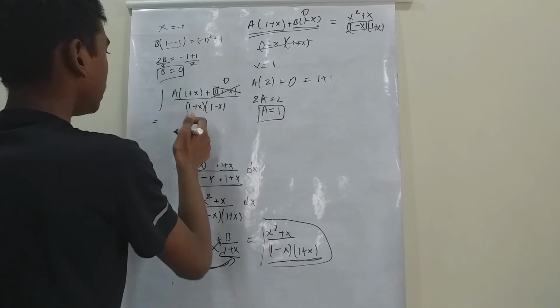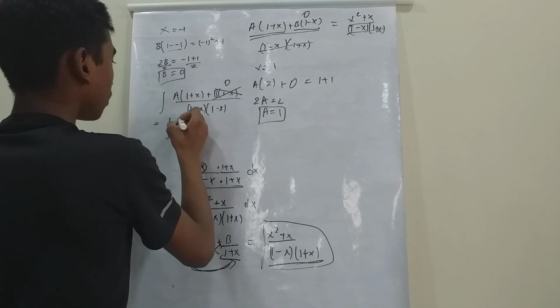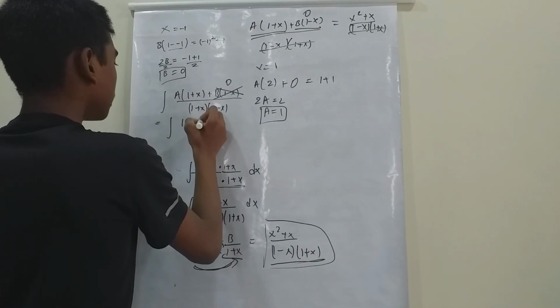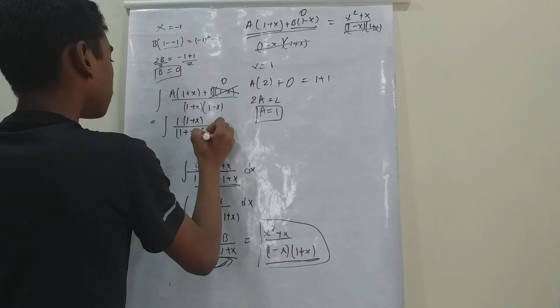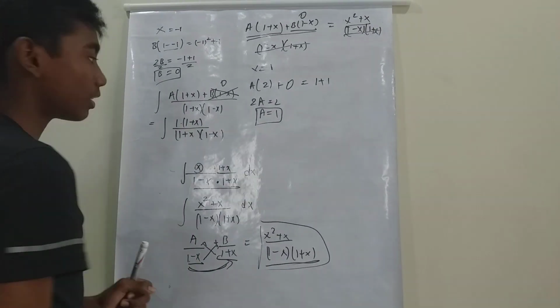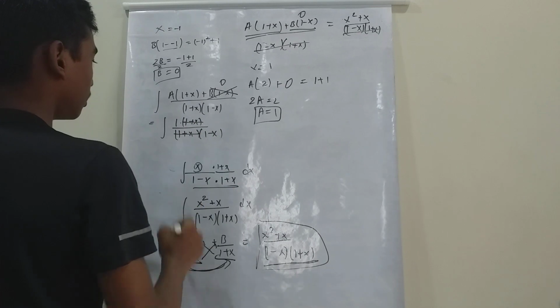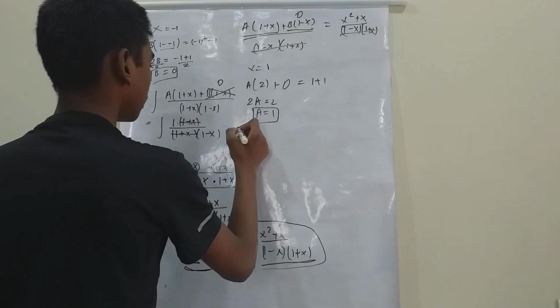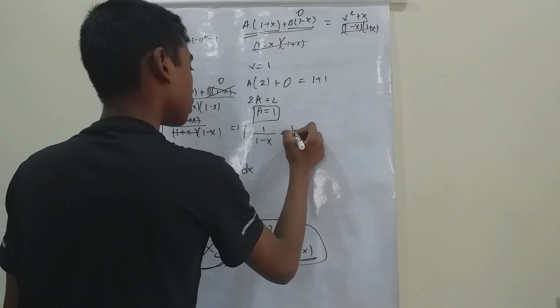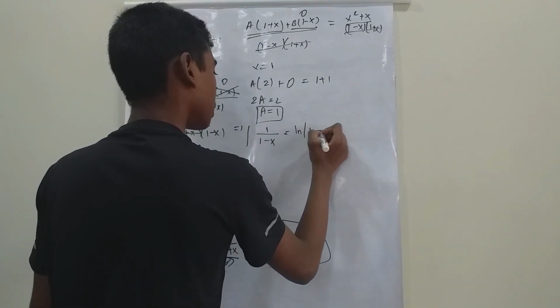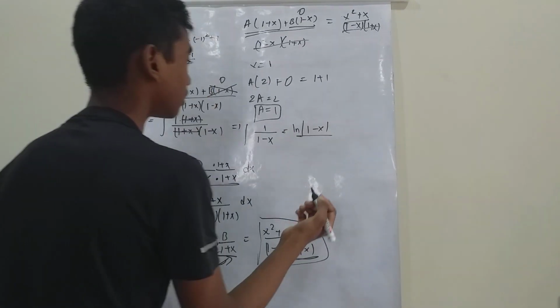So I'm just going to leave it like that. So the integral of 1 times (1 plus x) divided by (1 plus x) times (1 minus x). So we've got to just cancel these, and then we get the integral of 1 over 1 minus x, which is the natural log of the modulus of 1 minus x. So this is our answer.